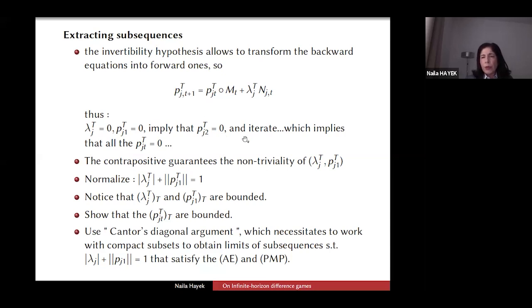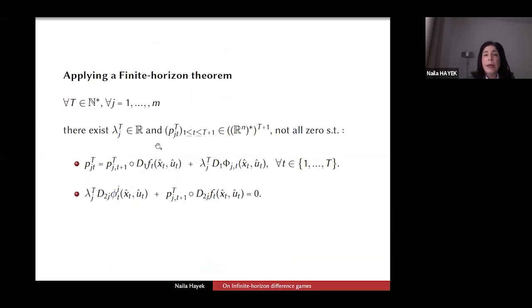And then, of course, I will iterate to get that all the p_j^t up to big T are 0. But this contradicts the result that I obtained in applying the finite horizon theorem, that the lambda_j^T and the p_j^T must be not all 0.